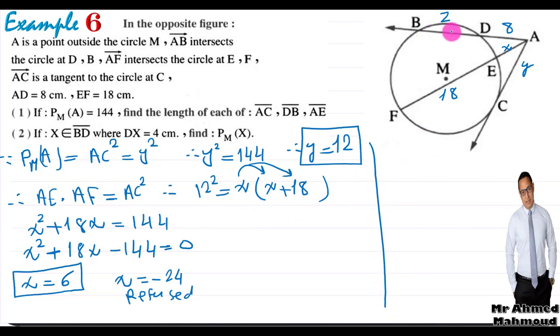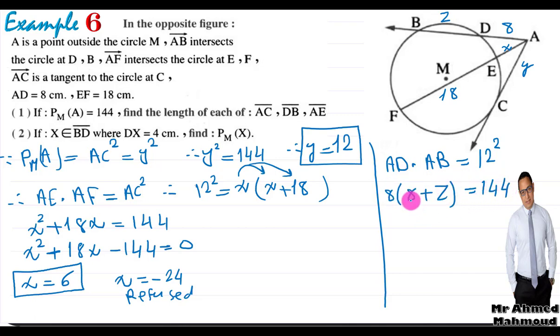Finally, if I need to find Z or BD, here AD times AB equals 12 to the power of 2. So 8 times (8 plus Z) equals 144.